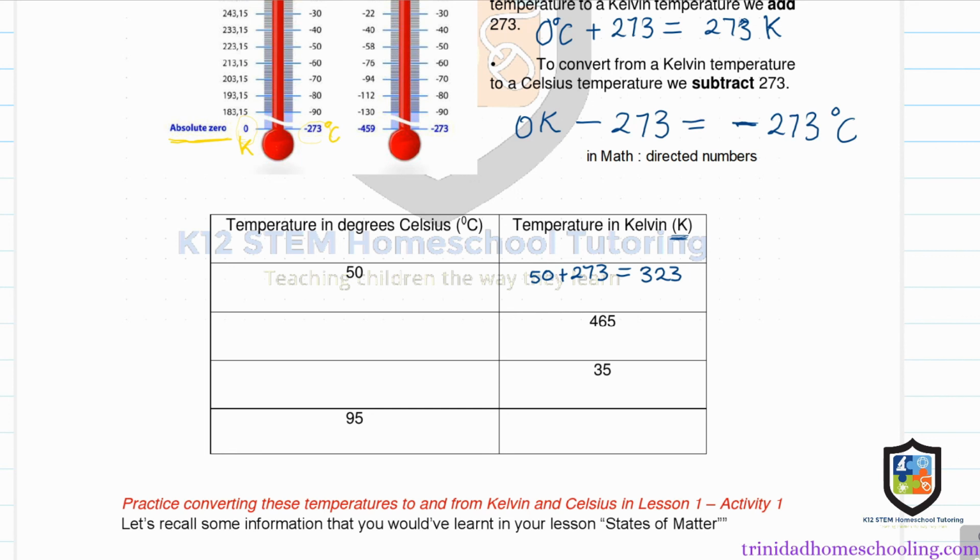Students make the mistake of writing the units back in the table. We don't need to and you shouldn't. Okay? The units should be in the headings of your table. Now to change this Kelvin into degrees Celsius, we would take that value of kelvins and subtract 273. And this will give me 192 degrees Celsius.